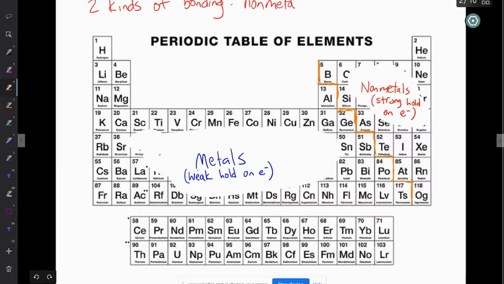When a nonmetal meets a metal, we have stealing, and we call it ionic bonding.